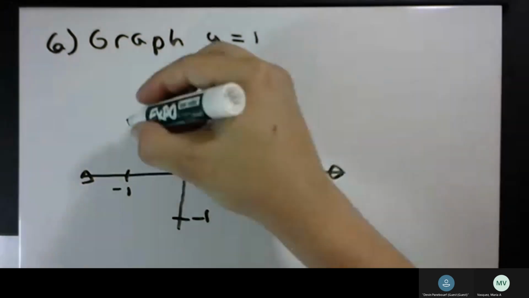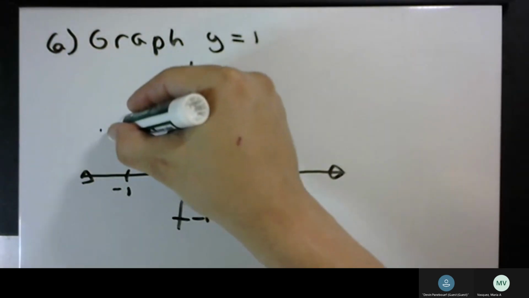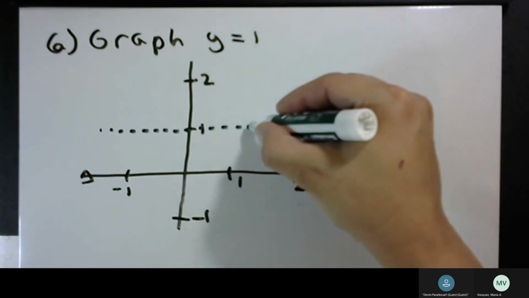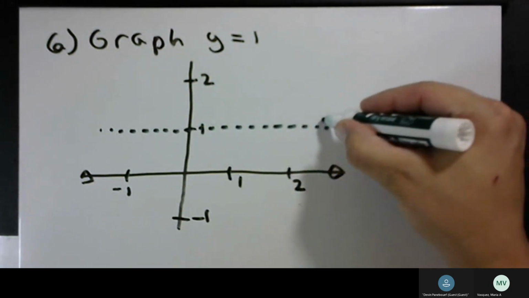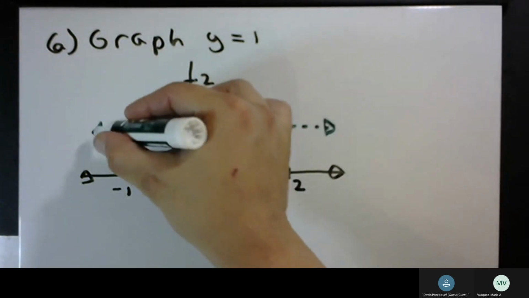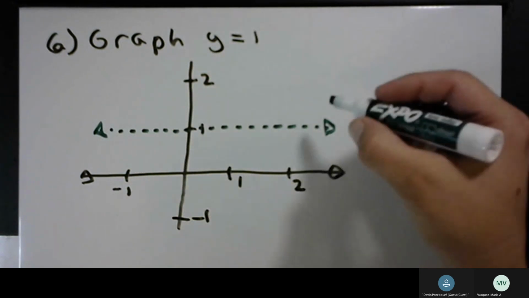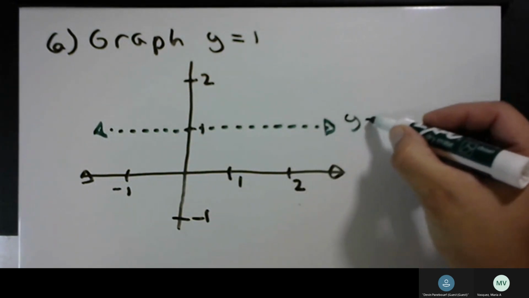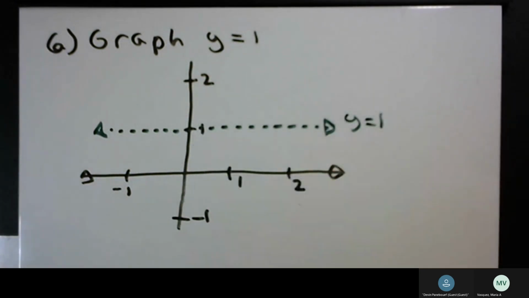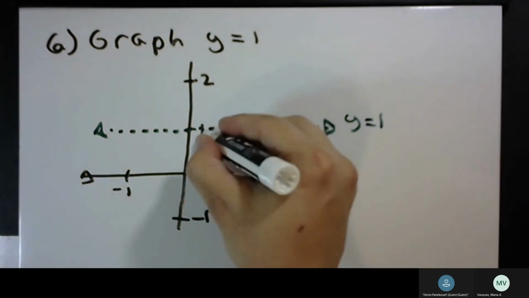So for y equals 1, we're going to have a perfectly horizontal line passing through that location on the y-axis.